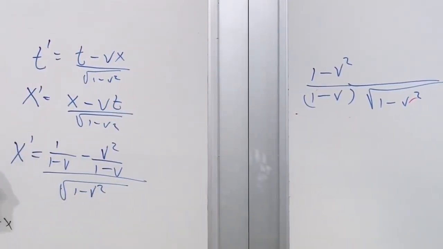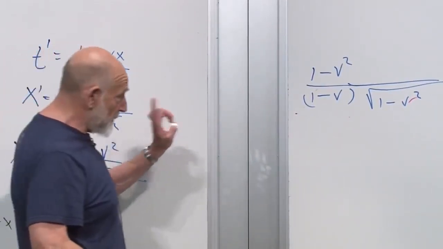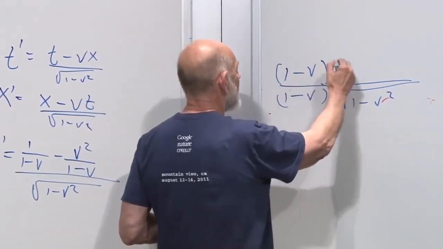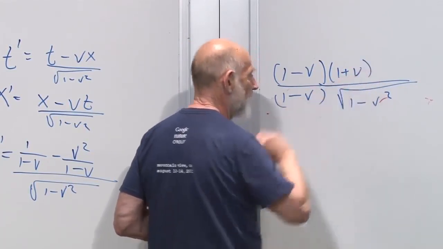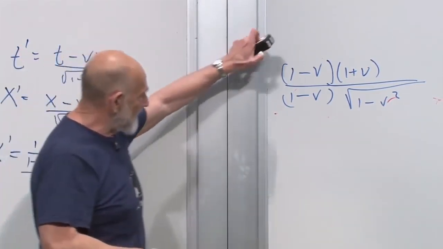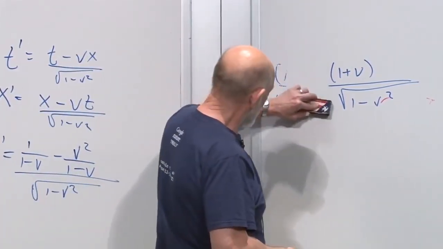Okay. 1 minus v squared is the same as 1 minus v times 1 plus v, right? And so these cancel out.